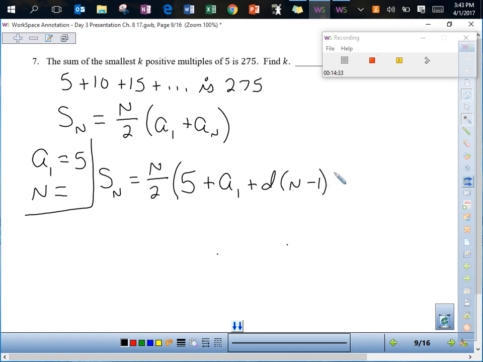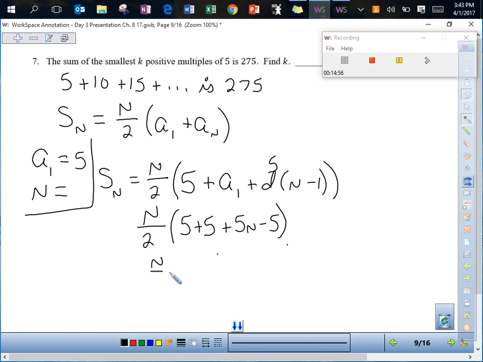So I'm going to continue to build with this. This now becomes n over 2 times 5 plus 5. A sub 1 is 5. My d value happens to be 5. So if I distribute, I'm going to have 5n minus 5.